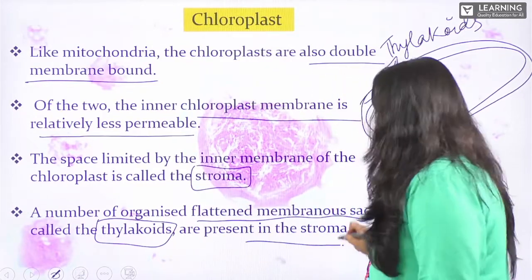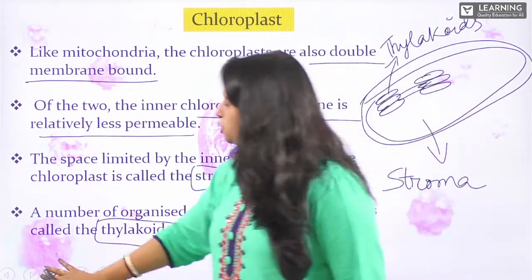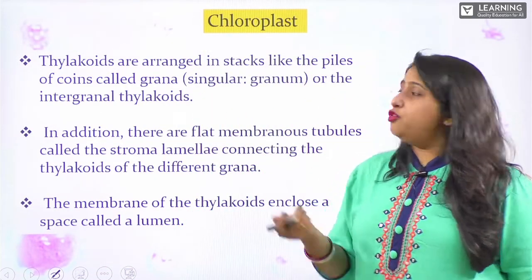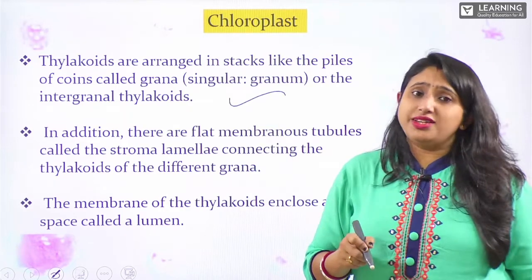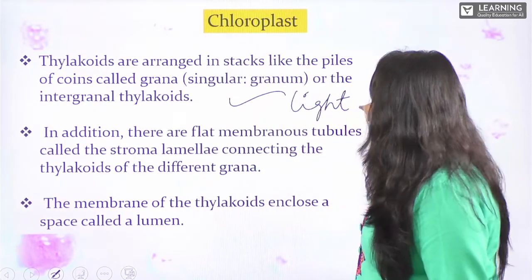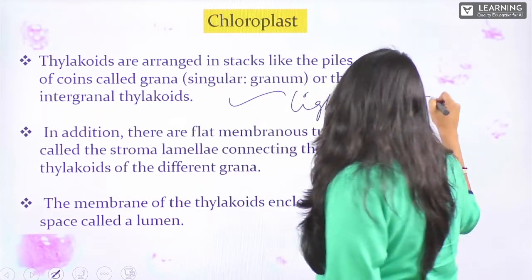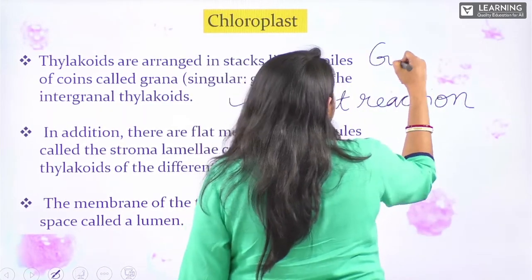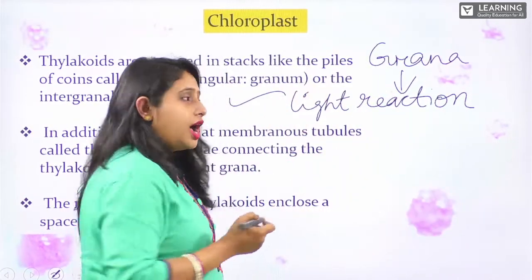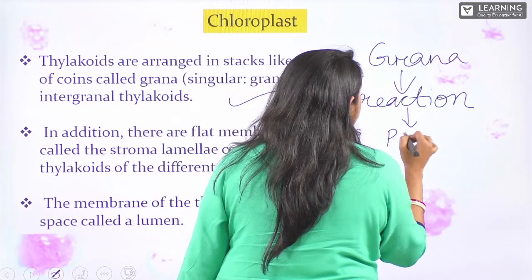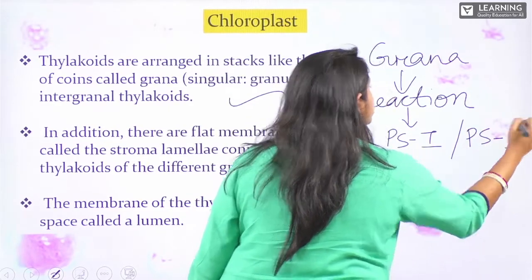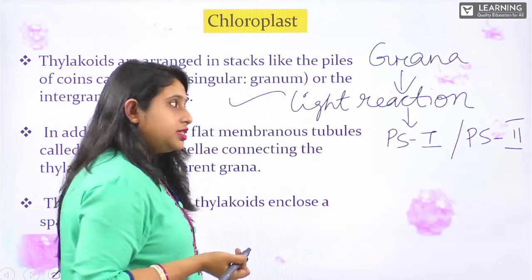Thylakoids are present inside the stroma, and they are arranged in the form of piles of coins, which you already know as grana. Grana is responsible for the light reaction, that is photosystem 1 and photosystem 2, for the process of photosynthesis.